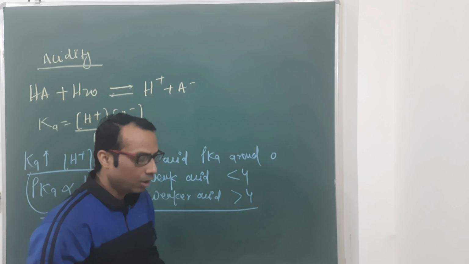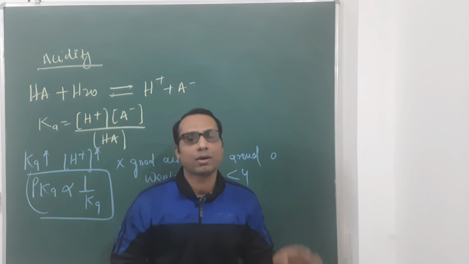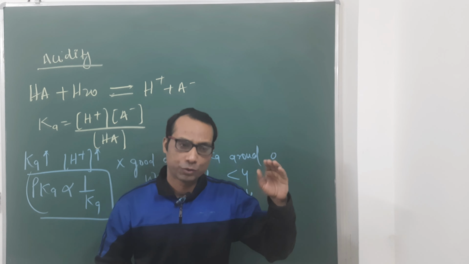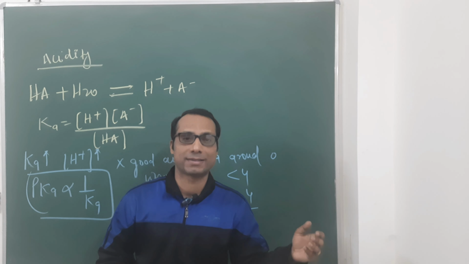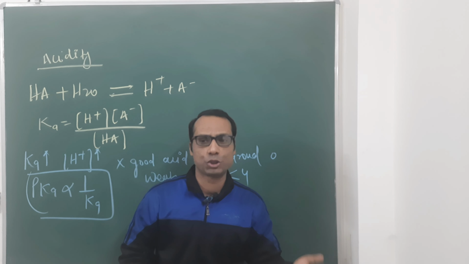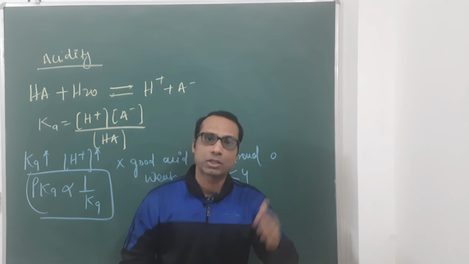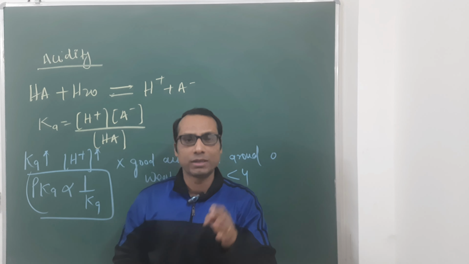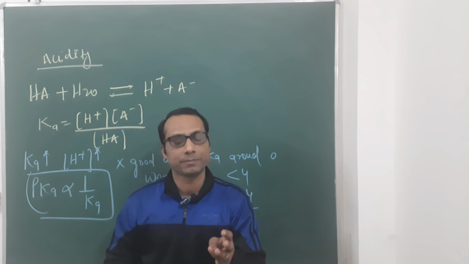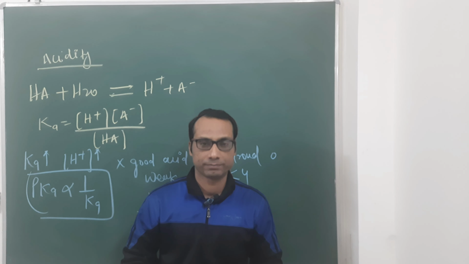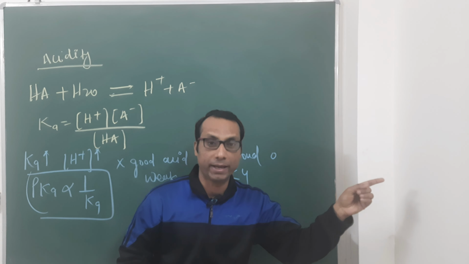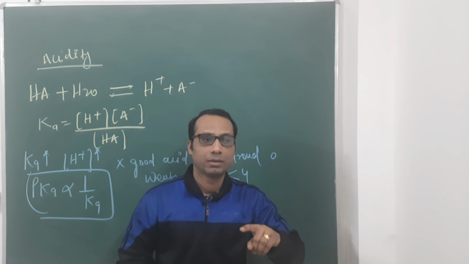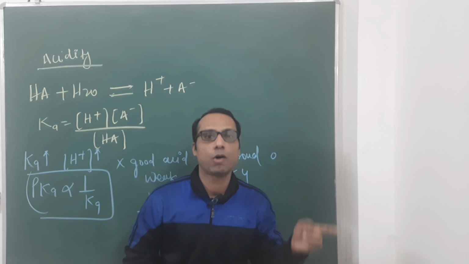Fine. Still now, the most important thing: the factors which influence the acidity. How many factors influence the acidity? We discuss one by one. The most important three factors here: the first is the strength of the HA bond, second is the electronegativity of A, and third is the conjugate anion. How stable is the conjugate anion?